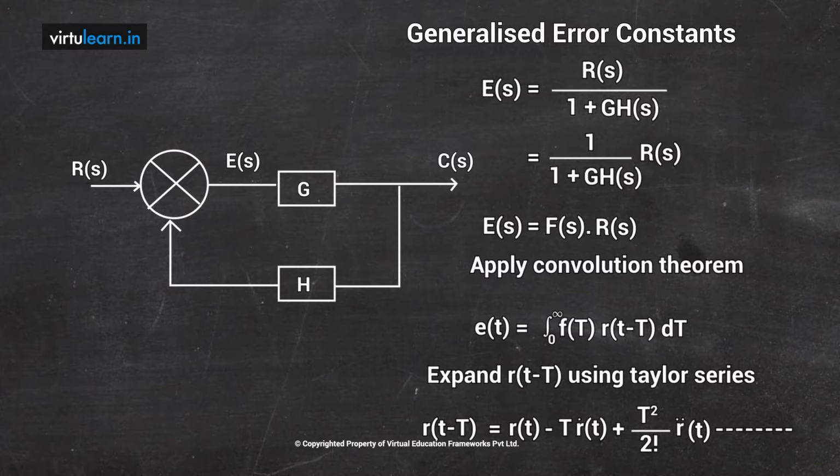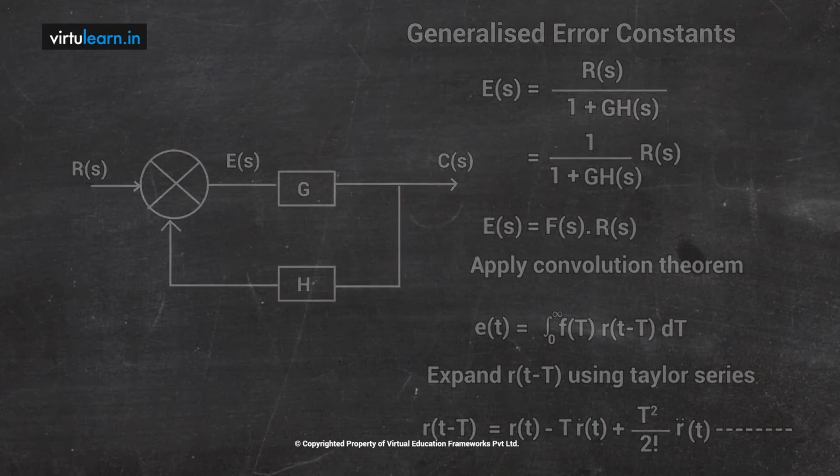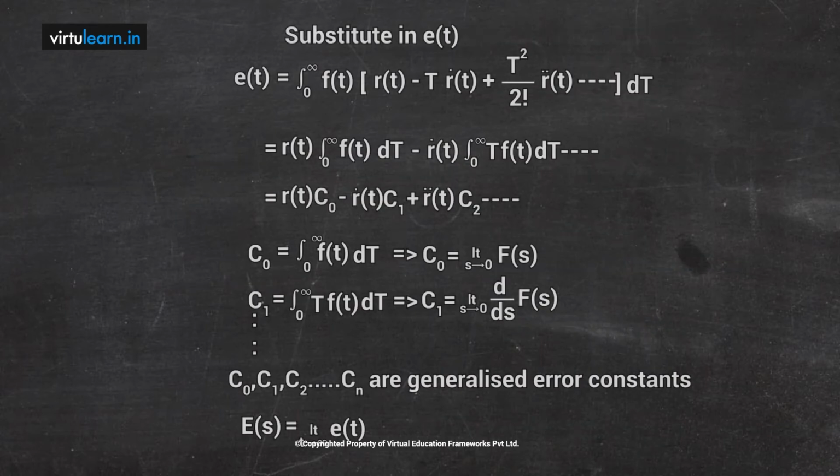So let us expand this using the Taylor series. When you expand using the Taylor series, r(t minus T) is equal to r(t) minus T r dot(t) plus T square by 2 factorial r double dot(t) minus, and so on. This r(t minus T) I want to substitute in the error function e(t).